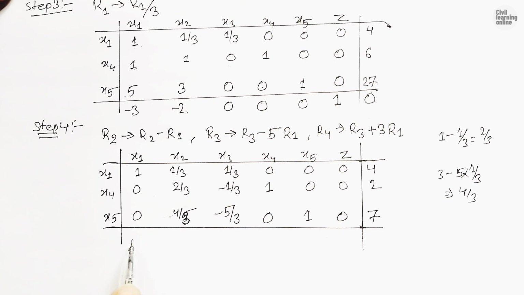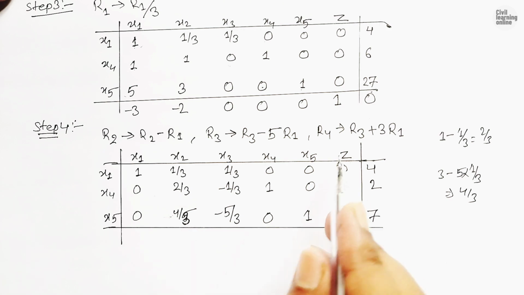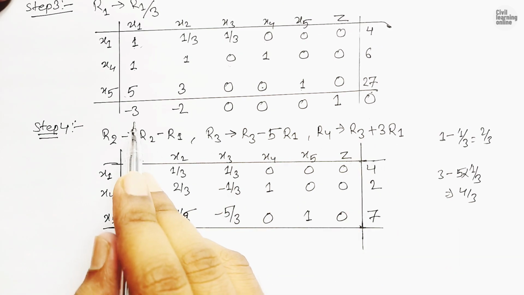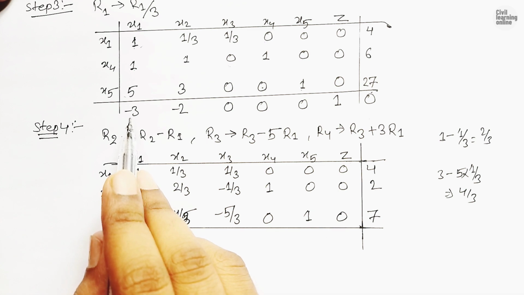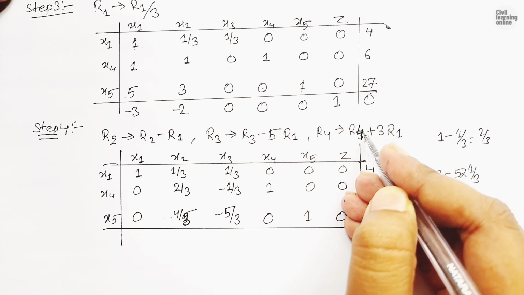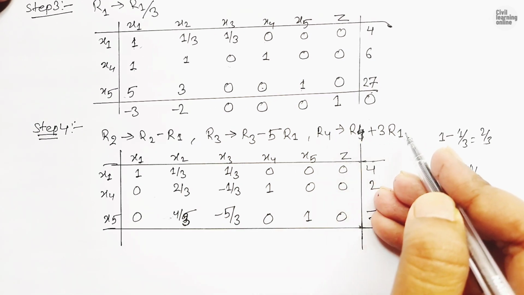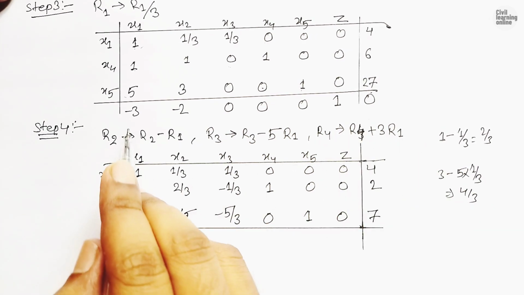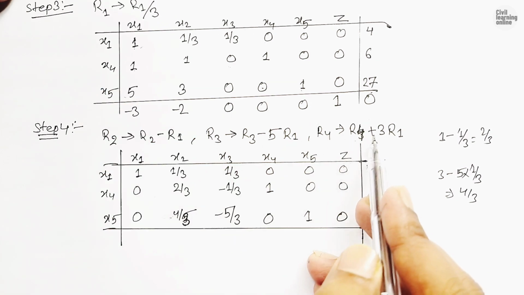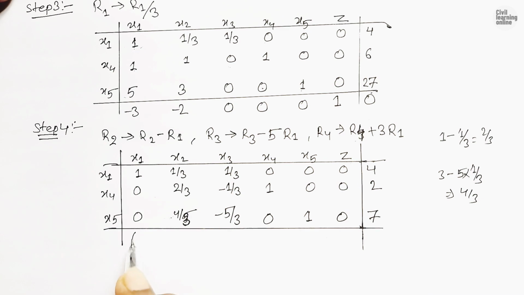Now we have here R4. R4 means R4 plus 3 times R1. We are doing operation on R4, so R4 plus 3 times R1. So minus 3 plus 3 times 1 is going to be 0 here.